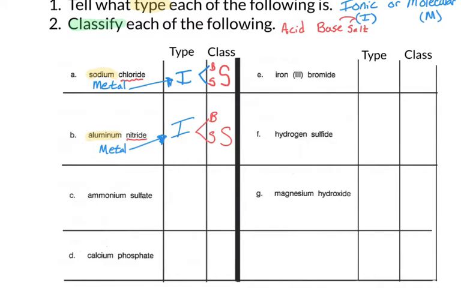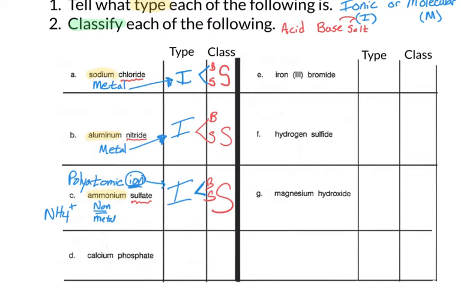All right, look at letter C. We have ammonium sulfate. Starting with ammonium, ammonium is not a metal, but it is our only polyatomic cation, and that tells us that this is an ionic compound. It does not end with hydroxide, so this is a salt. The next one that we have is calcium phosphate.